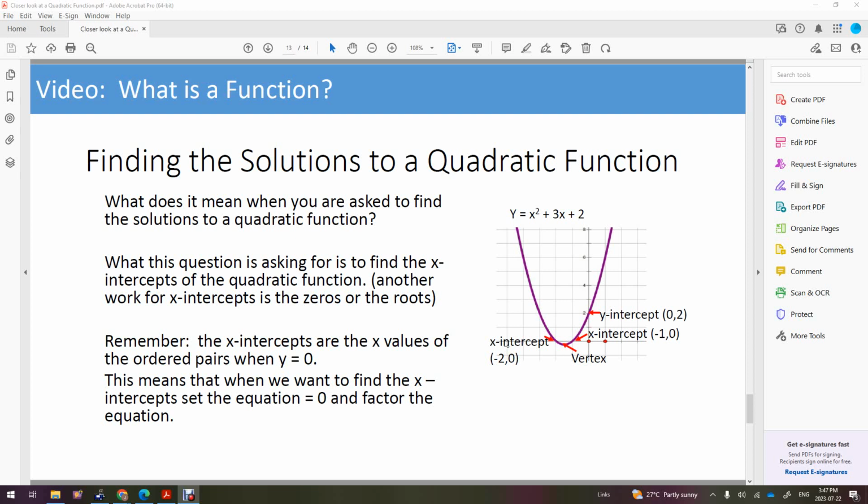These are alternate terms for the x-intercept. Remember, the x-intercepts are the x values, the ordered pairs, when y equals 0. This means that when we want to find the x-intercepts, set the equation equal to 0 and factor the equation.